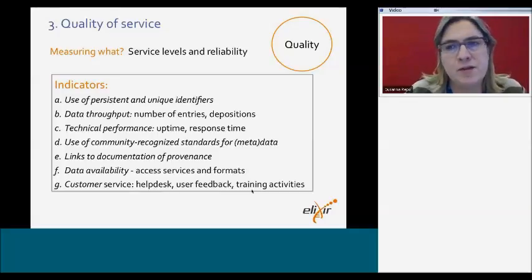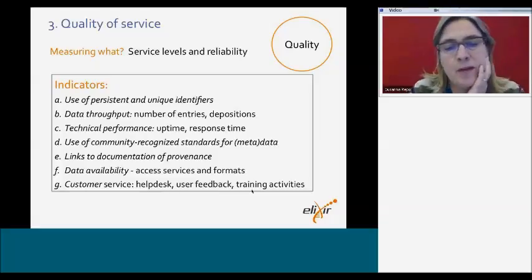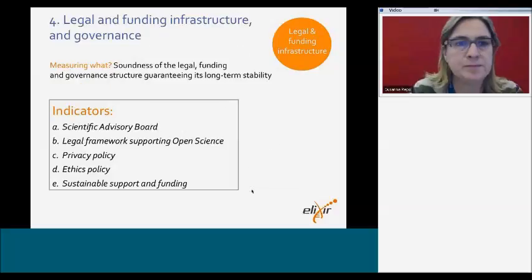What kind of formats are available that make things reusable? JSON, XML, that kind of thing. And does the resource support its customers? Do they use user research in developing their websites? Do they have a help desk? Have they got mechanisms to really get feedback on what they're doing? Training activities to some extent come into this as well.